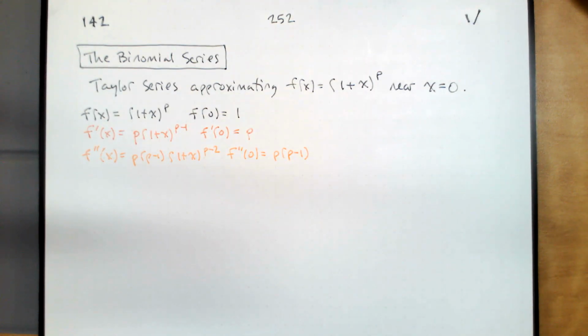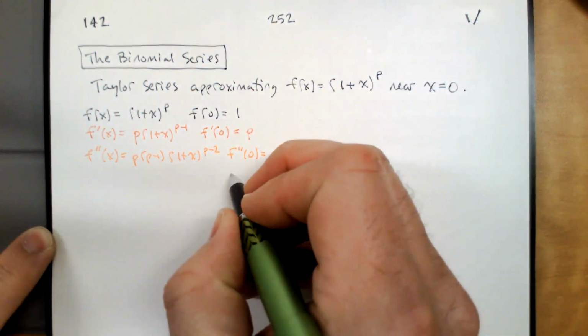The first derivative had p. The second derivative had p times p minus 1. The third derivative is going to have p times p minus 1 times p minus 2. So we can see how this is going to go.